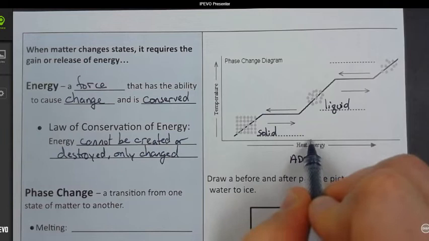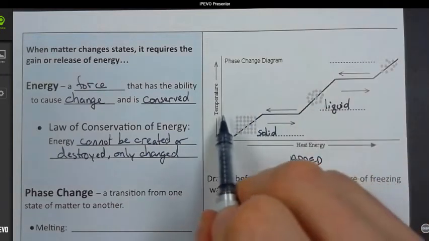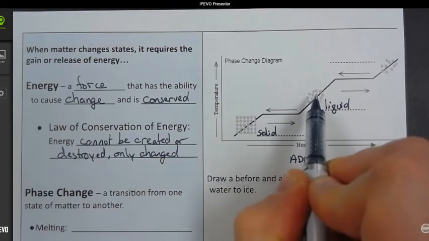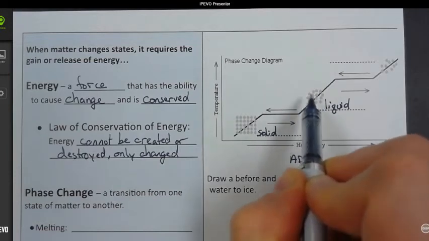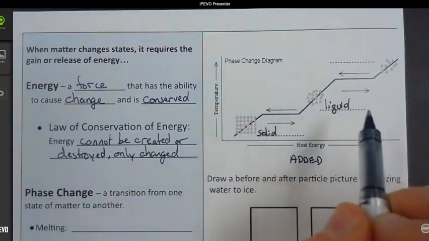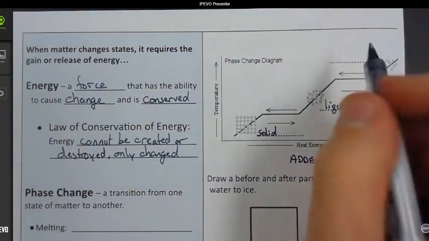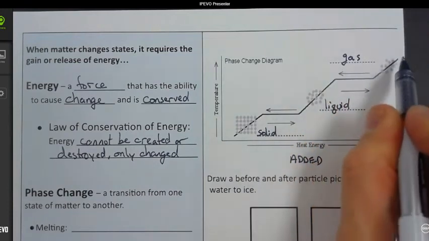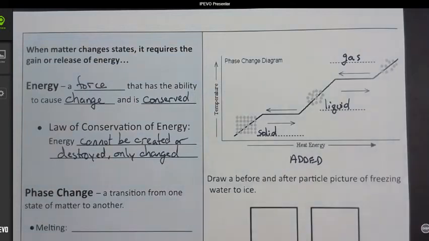And then eventually even more energy gets added and the temperature continues to rise, and those particles break even further away from each other. They start to vibrate and spin and move further away because they've got more energy. There's more energy in that system, to the point where they break their attraction even more and they turn into the highest energy phase, which is a gas.